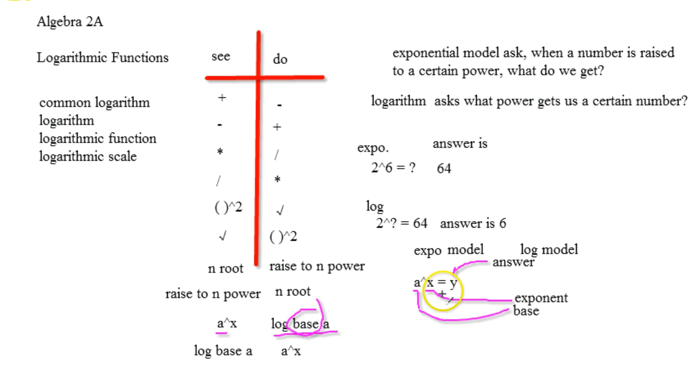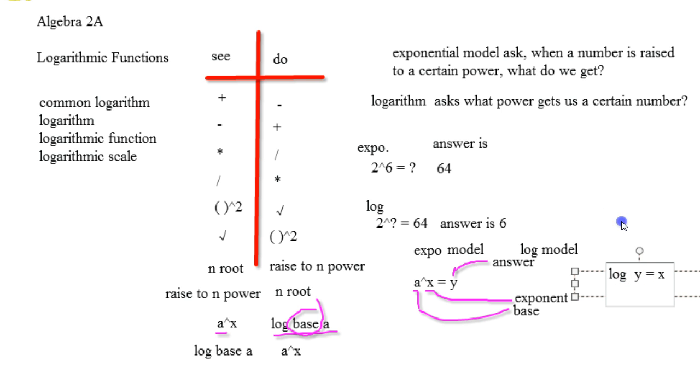If you notice when I was saying something, log base A. So I'm going to take this base and put it next to log. So when I change it to the logarithmic form or logarithmic model, I'm going to say log base A and then I put y right next to it equals x. Okay, now it's kind of hard to see this in this case. Let me break it apart a little bit to make it easier to read.